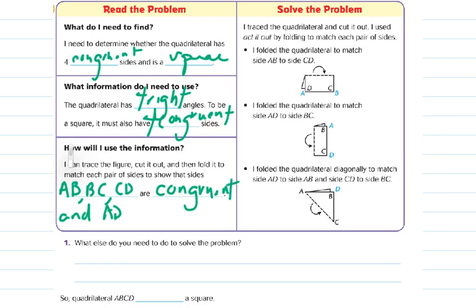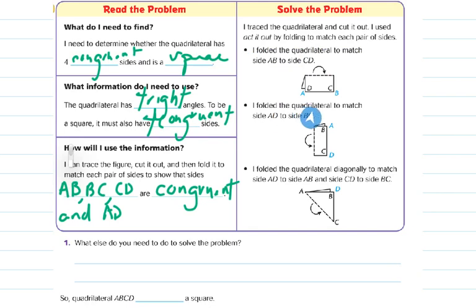So what we're going to do, boys and girls, is we are going to solve the problem. First, I traced the quadrilateral and cut it out. Next, I used act it out by folding to match each pair of sides. I fold the quadrilateral to make side AB match side CD. So we made a fold down the center of the quadrilateral.